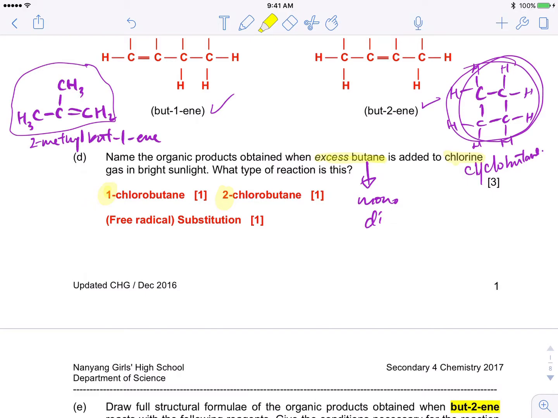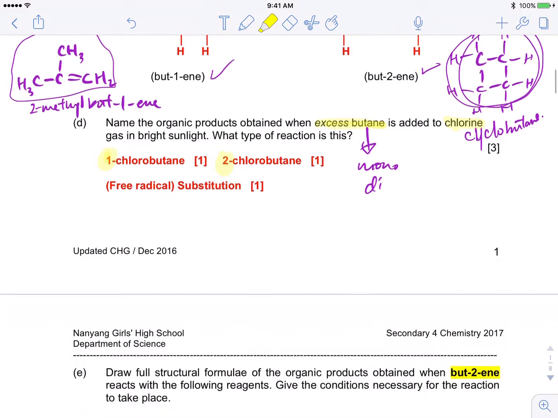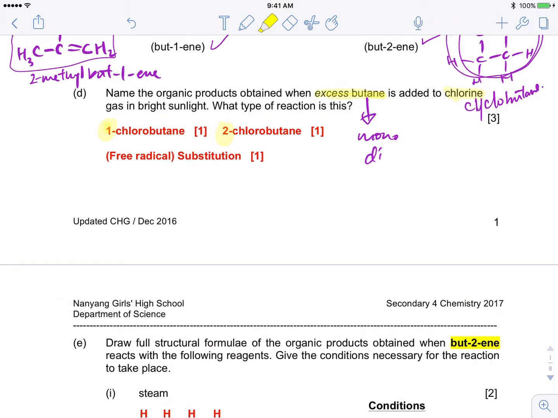As you write substitution, even without the words free radical, it is also marked as correct. So 2 products, you must say both. Again, it's organic products. So if you wrote HCl, hydrogen chloride, it will be marked wrong.